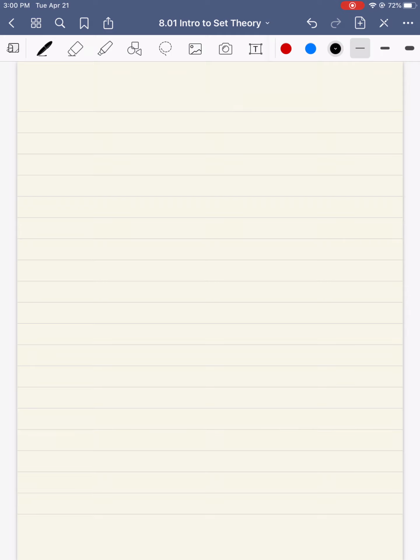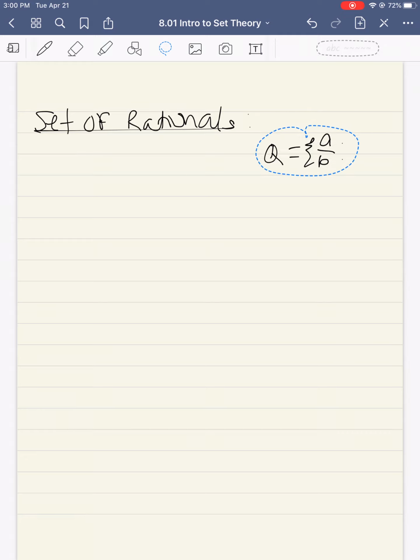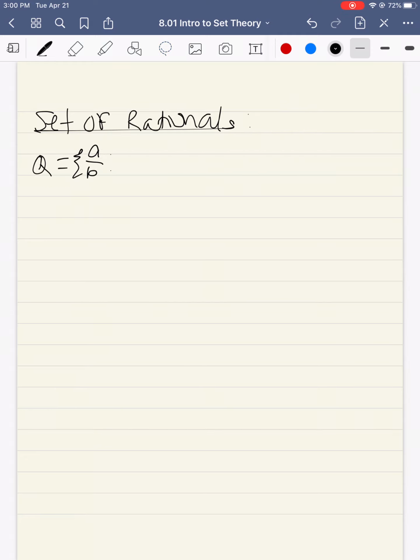So the set of rationals will be defined as Q with a line going through the middle of it here. And this is written as A over B, where, let me move this down here so that it's clear.